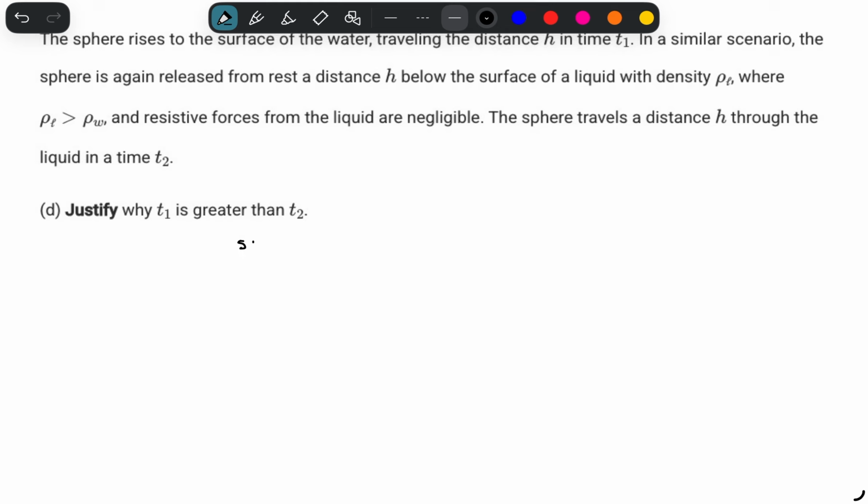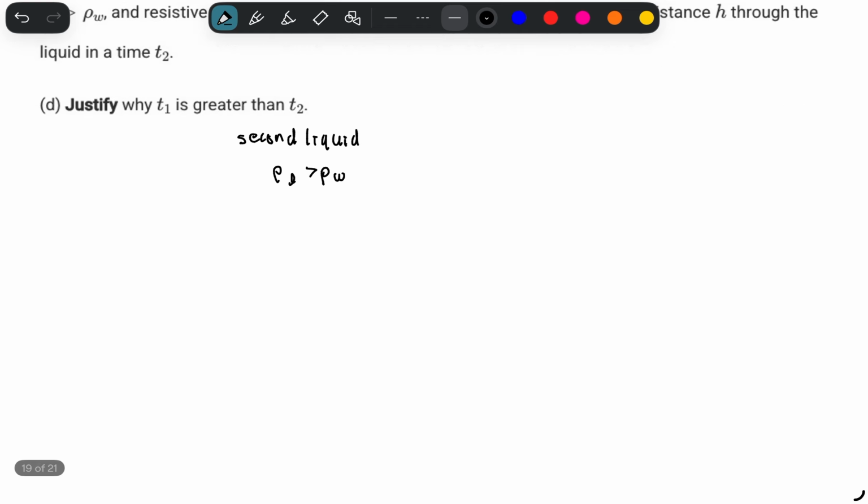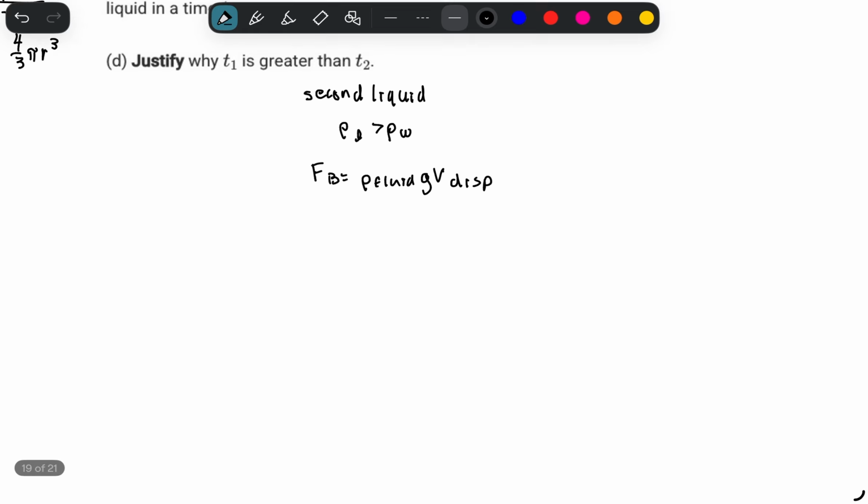So when you are in the second liquid, you have the density of the liquid greater than the density of water. We know that, again, our buoyant force is equal to the density of the fluid, g times the volume displaced. So that means that our denser liquid gives a larger upward buoyant force, since we see that our density is directly in that equation right here.